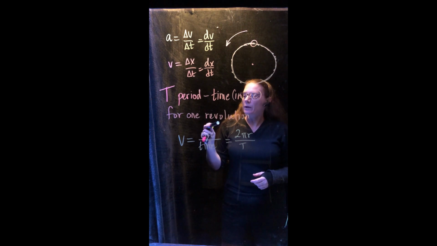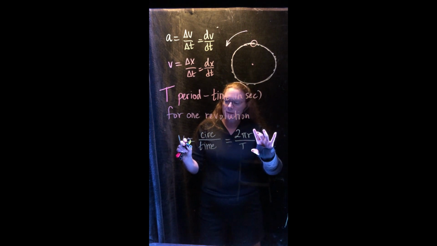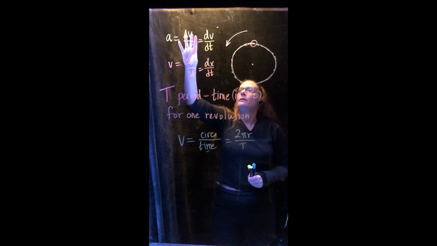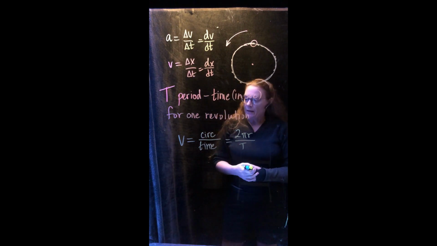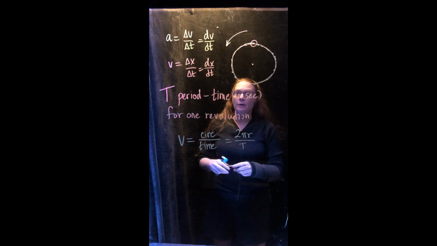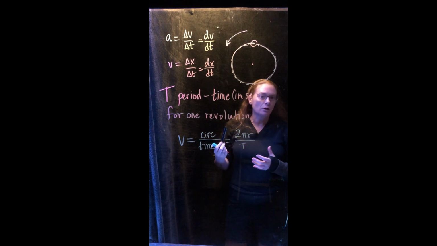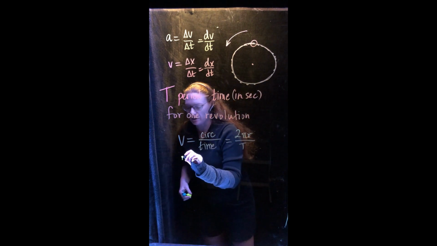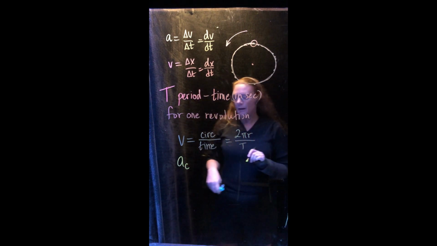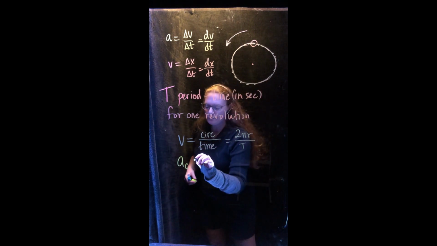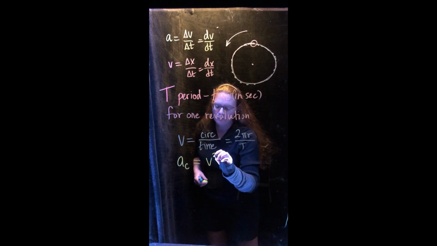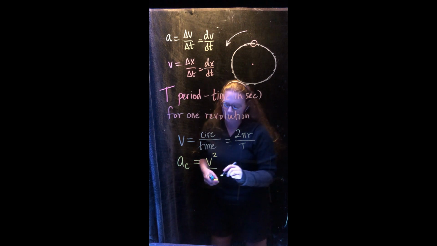And then what we can do is connect this up with this connection, and we come up with a definition equation for the centripetal acceleration. The centripetal acceleration we define as v squared over r.